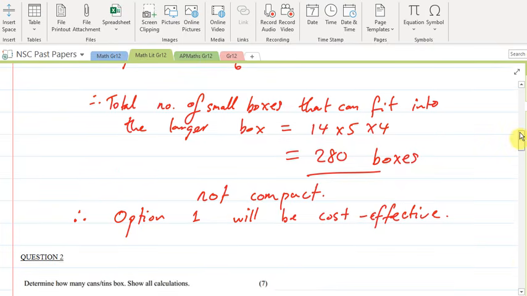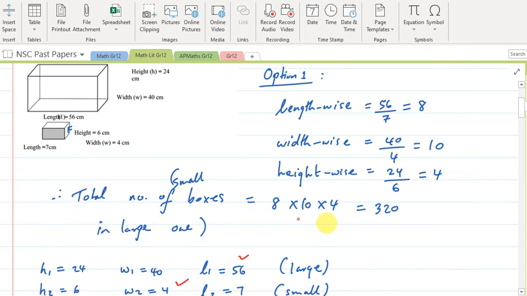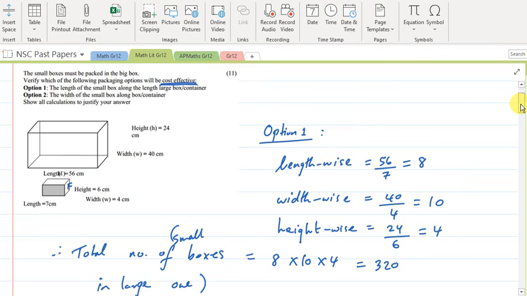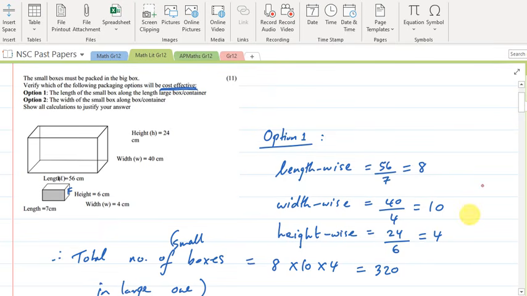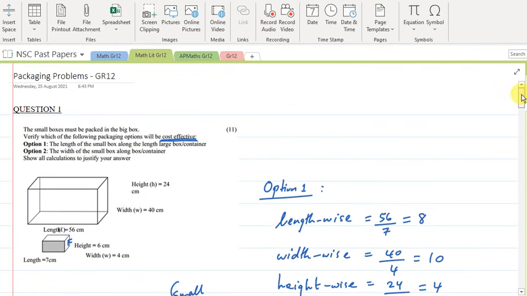Whereas if you use option 2, it is bad for the company, because now the balance of the boxes are just being left behind. So that's what we learn in packaging problems, like how to pack these boxes so as to maximize the space.